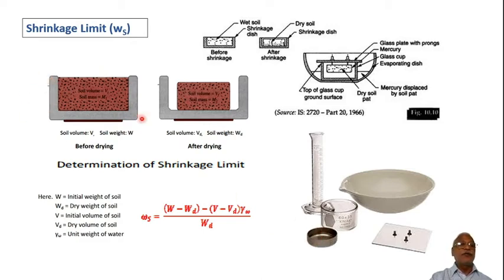So the container over here is nothing but this shrinkage dish. This is soil with a lot of water. Now this is weighed, and the weight is W, or you can call it M, the mass, but here it is taken as W. The volume of this shrinkage dish you can find out, V, volume of this.